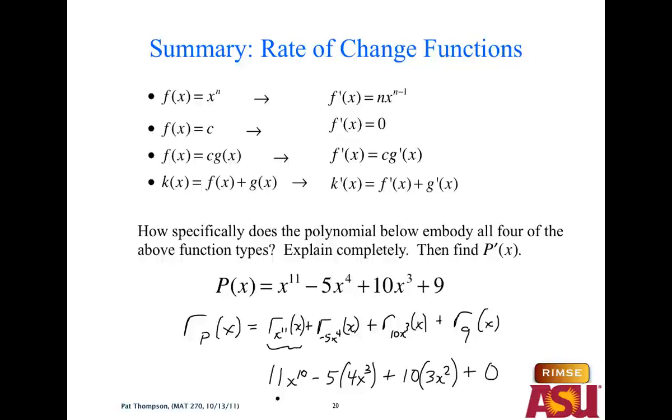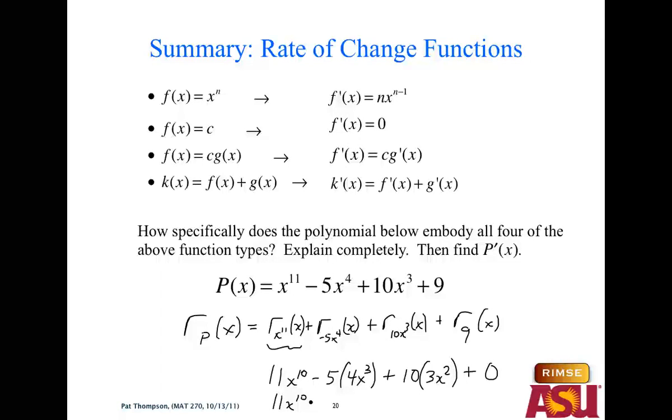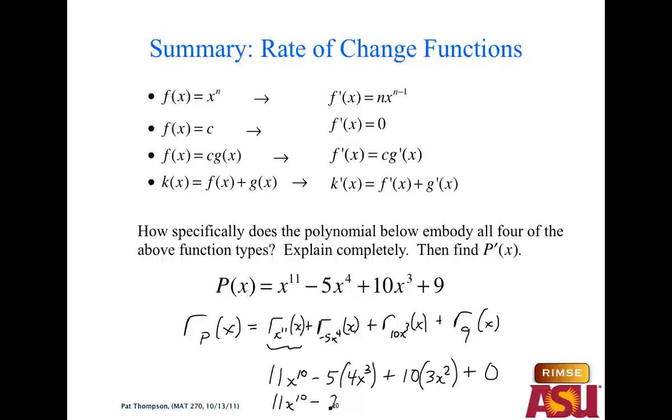If we were asking to prove from step 2 to step 3, where it says the rate of change of negative 5x to the 4th with respect to x, that going down would actually be negative 5.